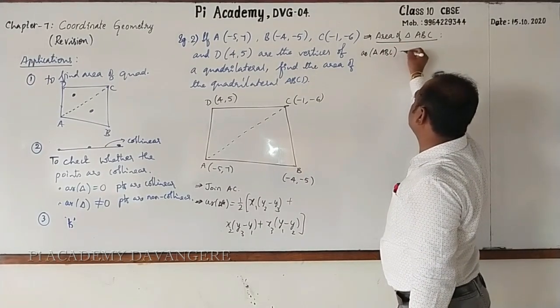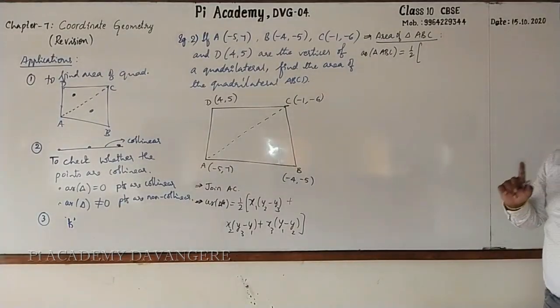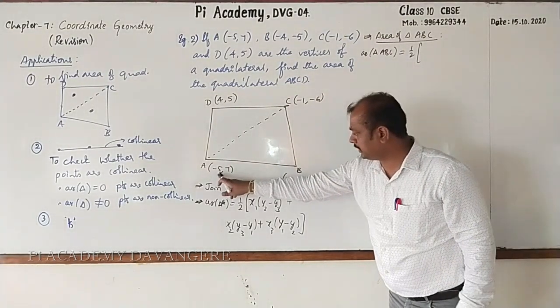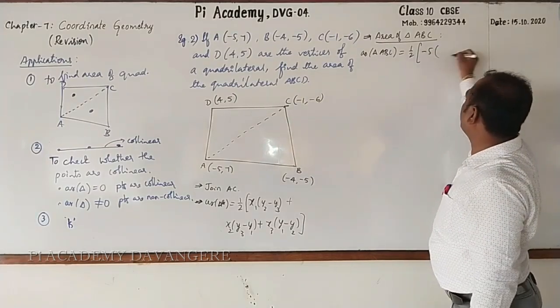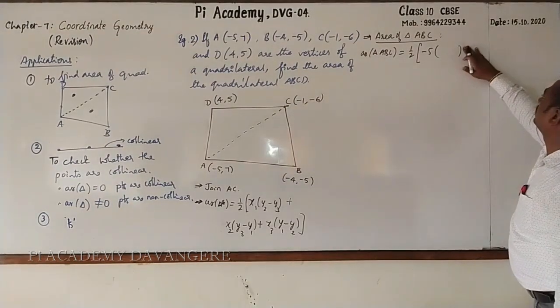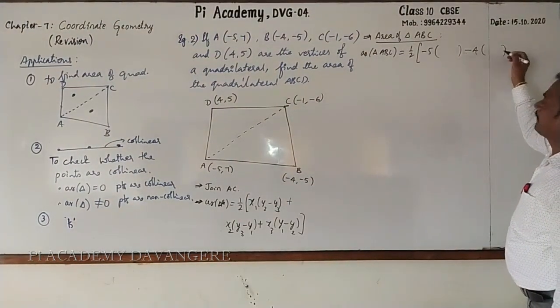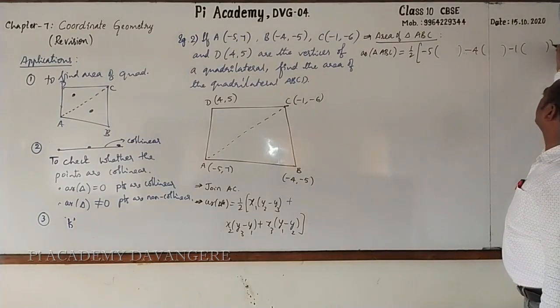Area of triangle ABC is equal to half into, first take x1, x2 and x3. See, minus 5, minus 4 and minus 1. Minus 5 of, plus minus 4 of, then minus 1 of.